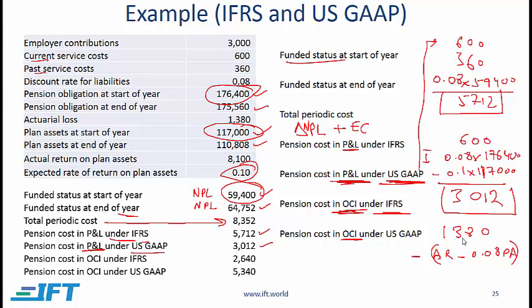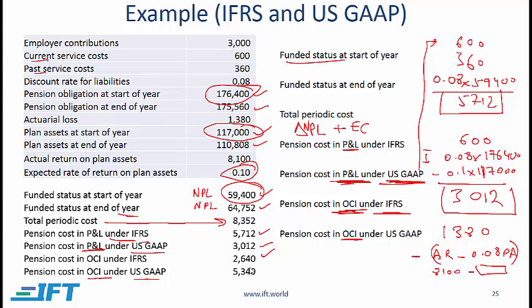So the actuarial loss is 1380 minus the actual return, which is 8100, minus 0.08 times the plan assets at the start of the year, 117,000. So when we do this calculation, we should get 2640.